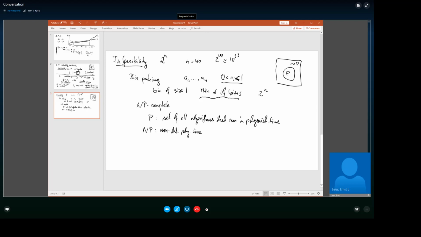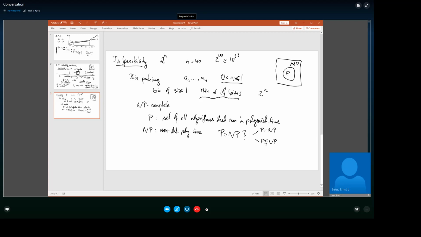So NP probably is more general than P. Obviously, anything that is in P is also in NP, so that inclusion is obvious. The question is, how do P and NP relate to each other? Are they the same? There are two possibilities: either they're equal, or P is strictly contained in NP.